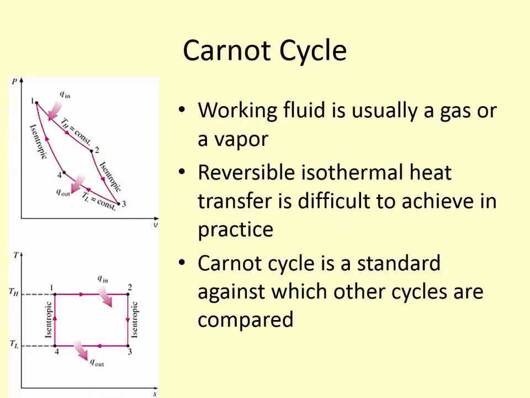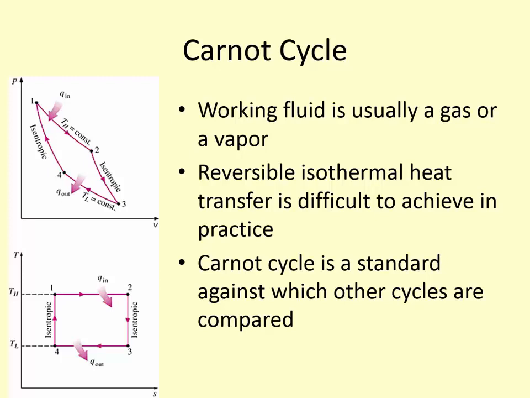And the working fluid in the Carnot cycle is usually a gas or a vapor, and it's difficult to achieve that reversible isothermal heat transfer, because as we talked about before, you can either compress a gas as a liquid or as a gas, and if you try to do two-phase compression, it's very difficult, and it's also very difficult to control keeping that in an isothermal region, or maintaining the temperature constant when we're operating somewhere other than the liquid-vapor region.